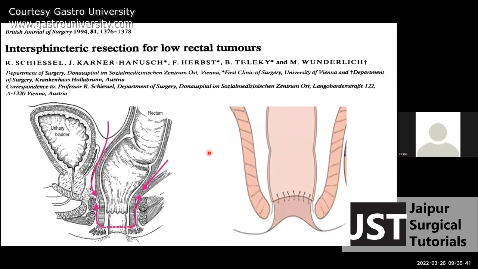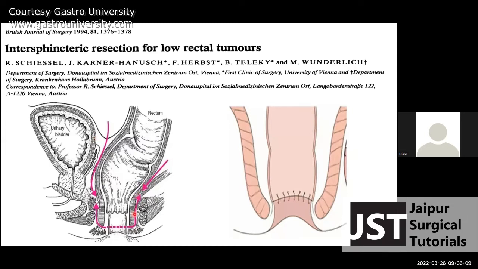So in 1994, Schiessel described that we can go in a plane between the internal anal sphincter and the external anal sphincter. There's a plane which is maintained called the intersphincteric plane, wherein we can go in this plane and resect the low rectal tumors for a very select subset of tumors, which are well differentiated, which I'll be talking about in the subsequent slides.